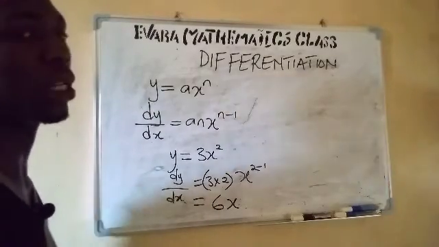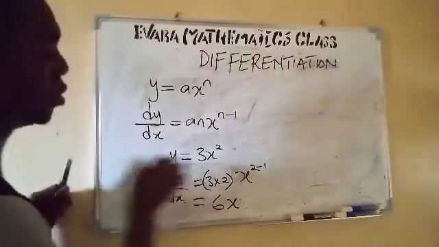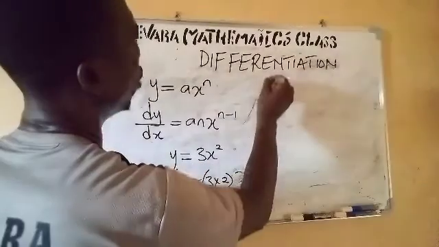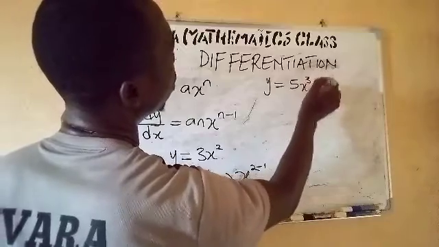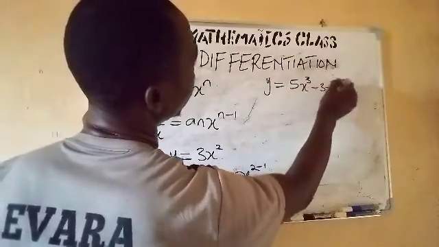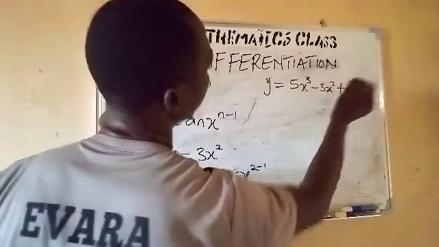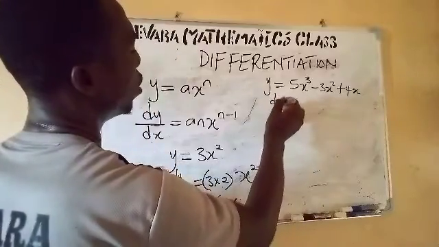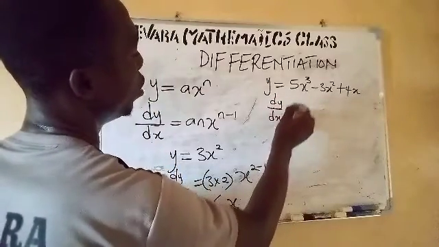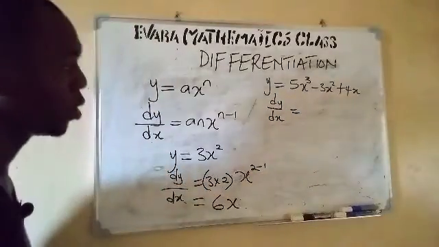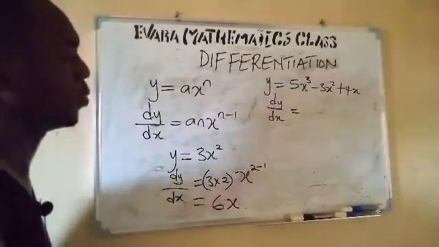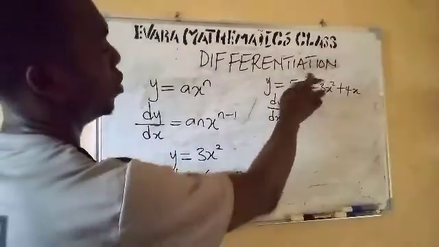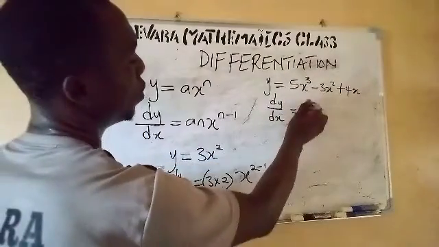When you have an algebraic expression which is longer than this, say you have y equals 5x cubed minus 3x squared plus 4x. Now, if you differentiate y with respect to x in this expression, it will be 5 times 3, 15x.